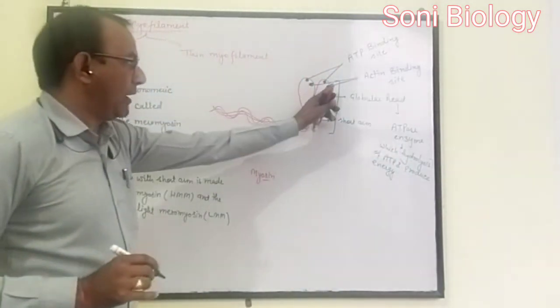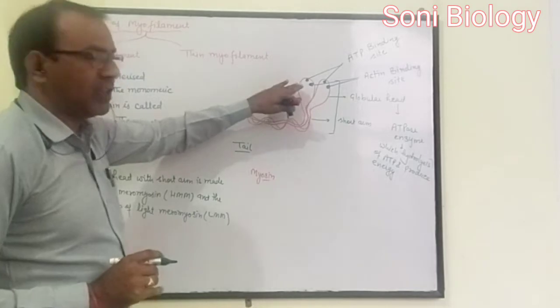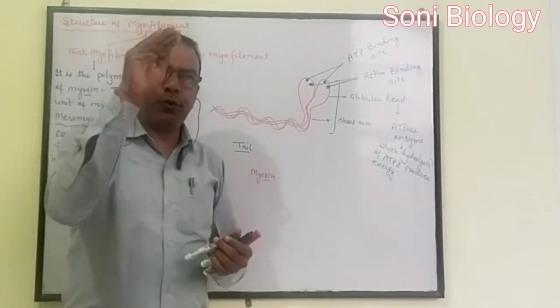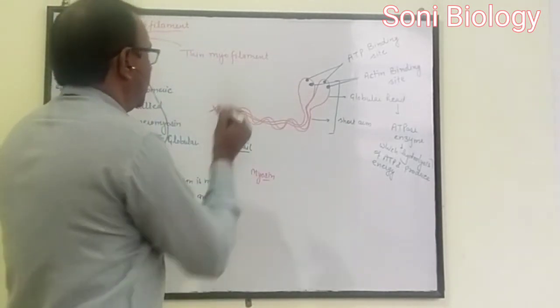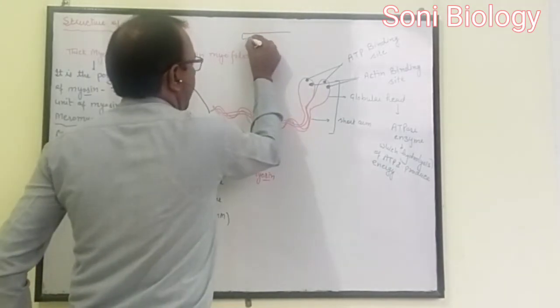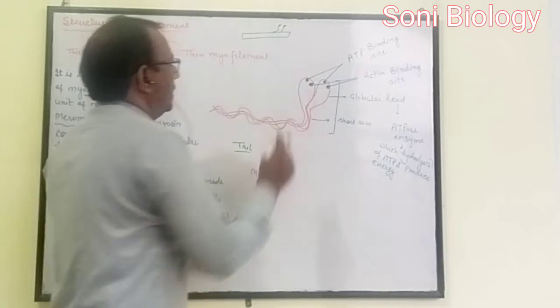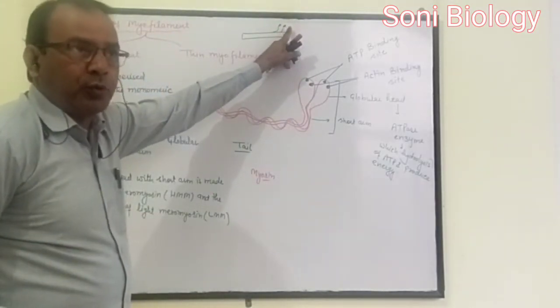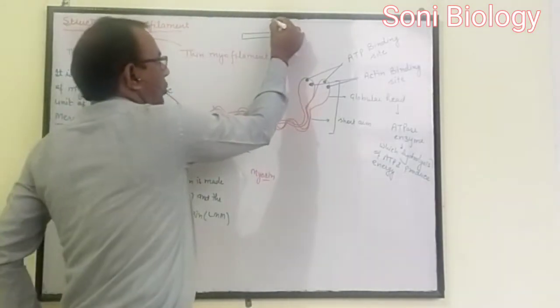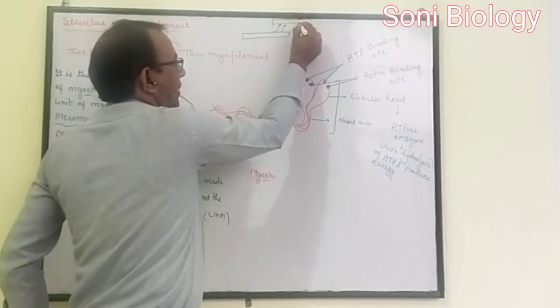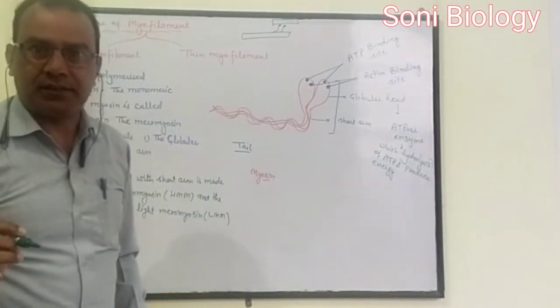Clear? And what is the actin binding site? The globular head has a protruding portion. This is the protruding portion. This protruding portion binds with the actin and makes the cross bridge.